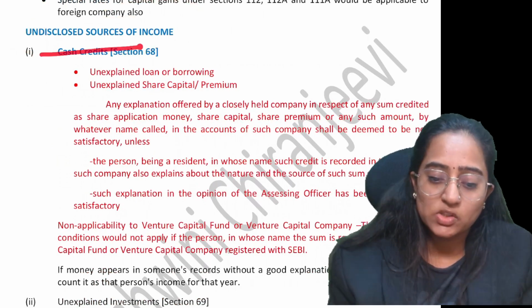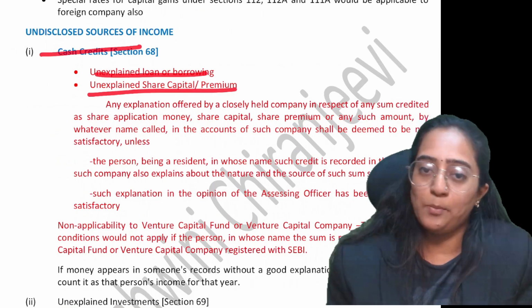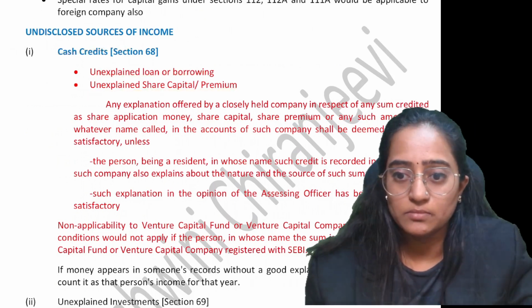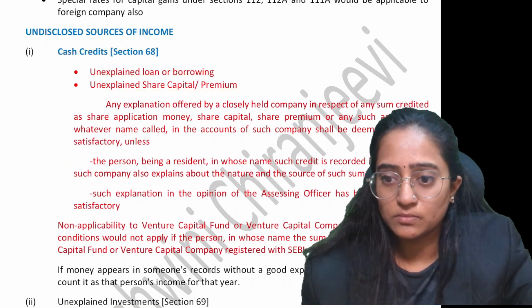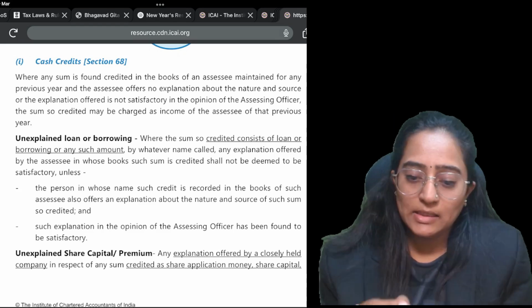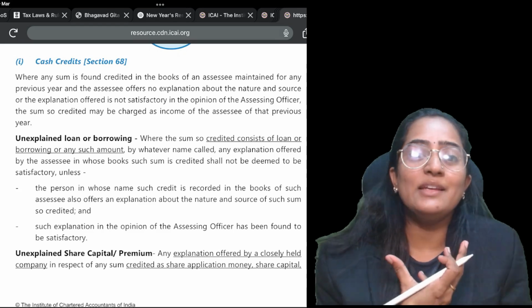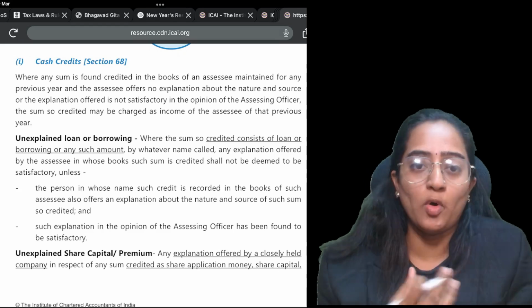And in undisclosed sources of income, there's a small explanation which has been inserted. That is for cash credit, unexplained loan or borrowing.